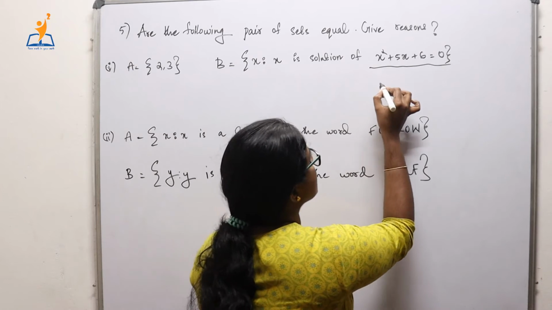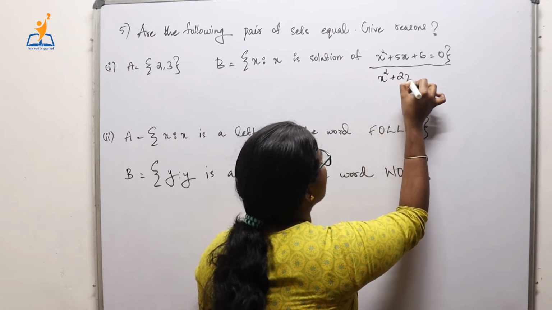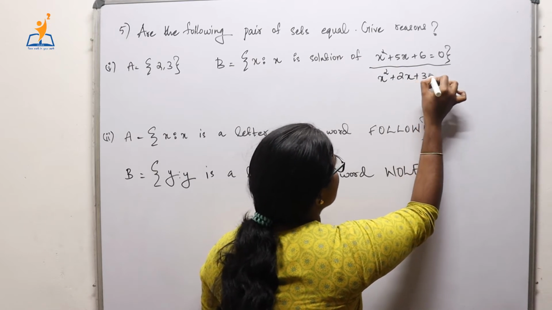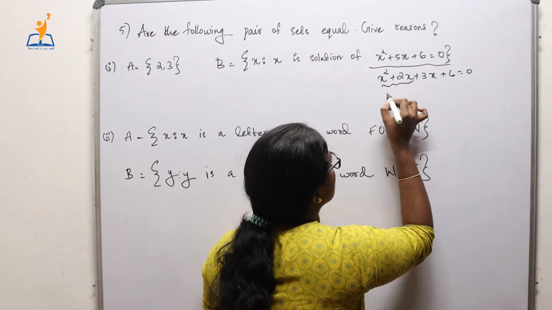Let's solve this equation. It can be solved like this. We can split the middle term: 5x is equal to 2x plus 3x, so x square plus 2x plus 3x plus 6 equals 0. We can take x common here.